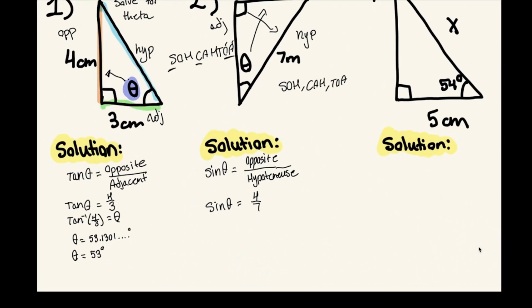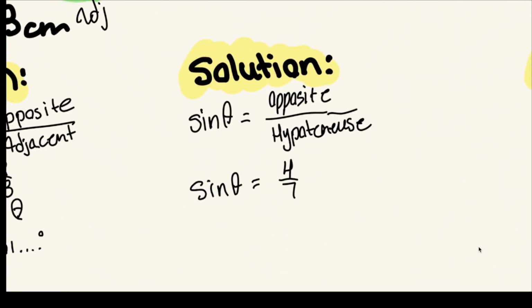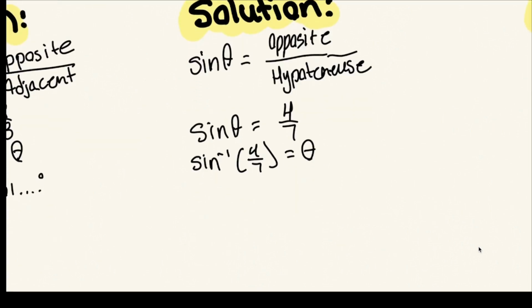And again, the same concept applies. We're going to do the sine inverse of sine in order to isolate for theta. Again, on your calculator. So sine inverse 4 over 7 equals theta. Now let's plug that in on our calculator. We are going to get 34.84.